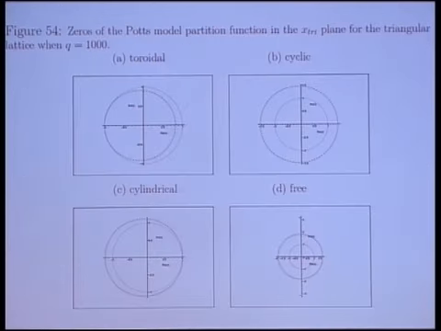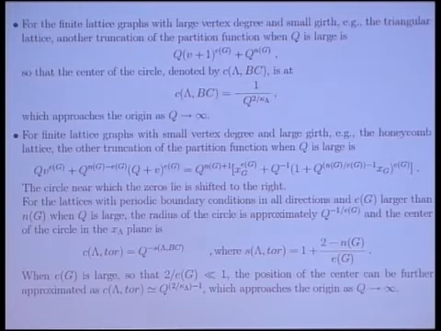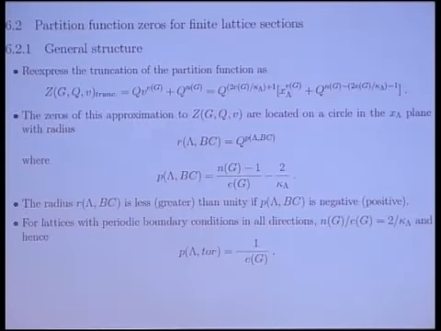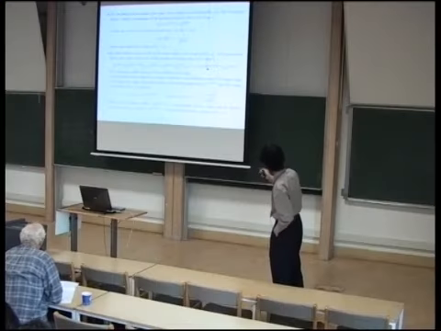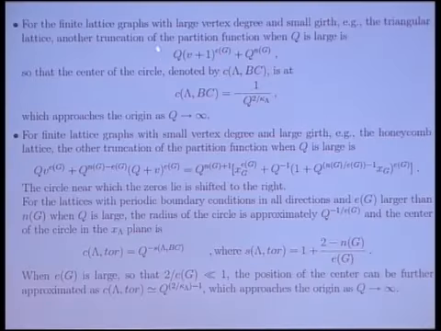For the triangular lattice, the zeros shift to the left a little bit, and we approximate the location of zeros by this expression. For the honeycomb lattice, we approximate the location of zeros by this very simple expression when Q is very large.